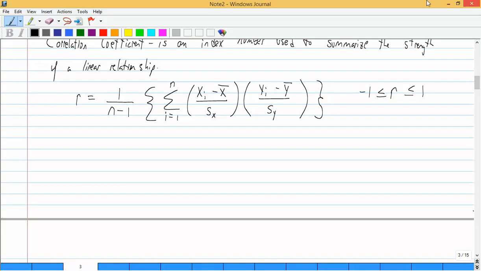Some of the important properties of the correlation coefficient: the correlation coefficient R measures the degree of linear relationship.